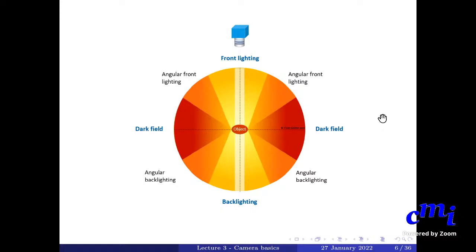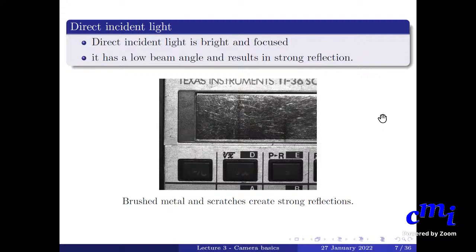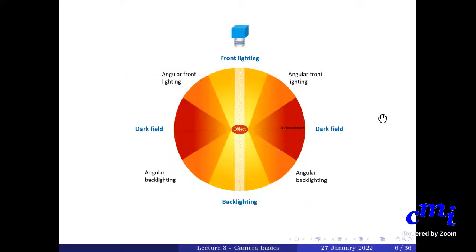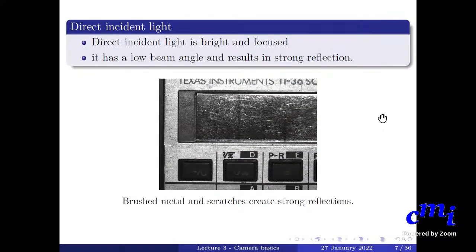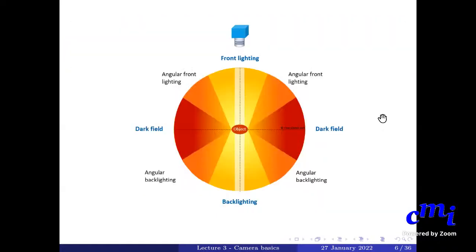So what are the various effects you get because of all these different lightings? For example, if you have a direct incident light, what does it do? A direct incident light is going to be bright and focused. By beam angle, we mean the angle made with this vertical y-axis.